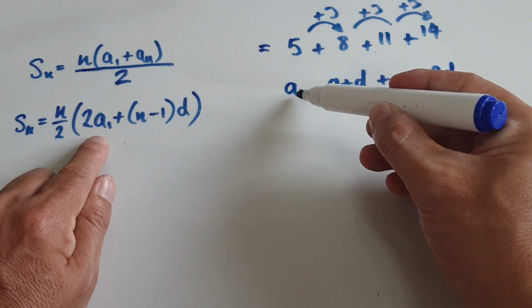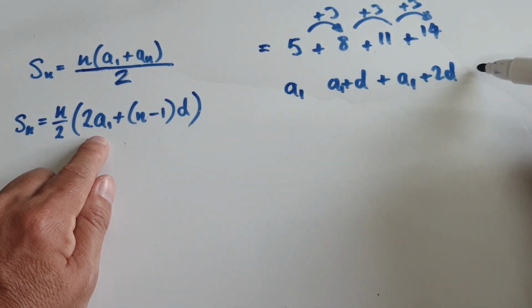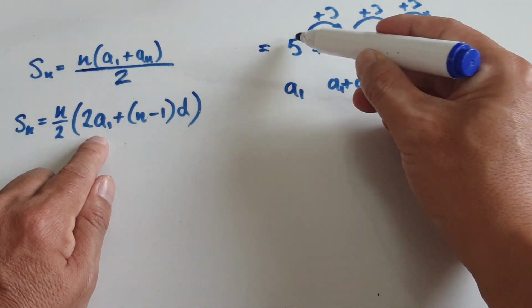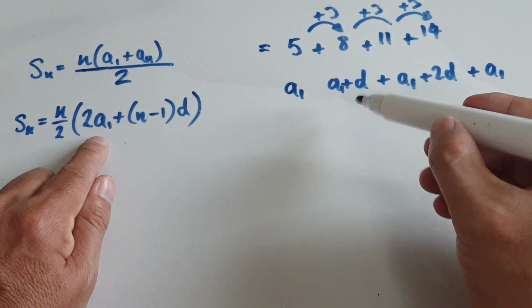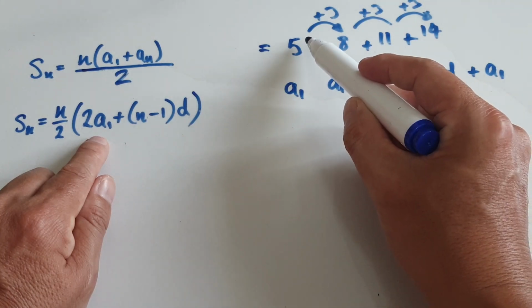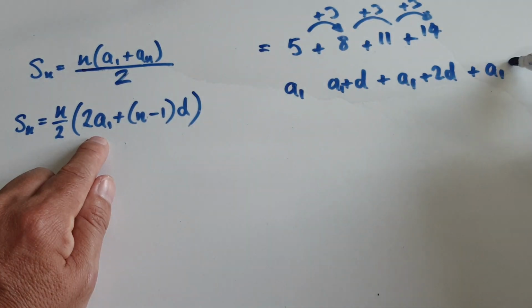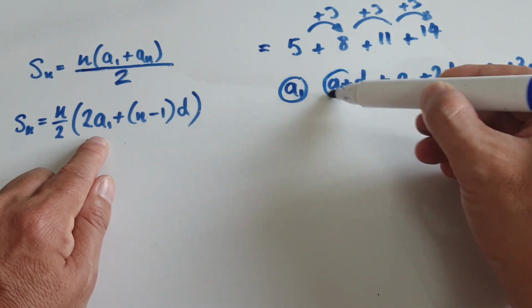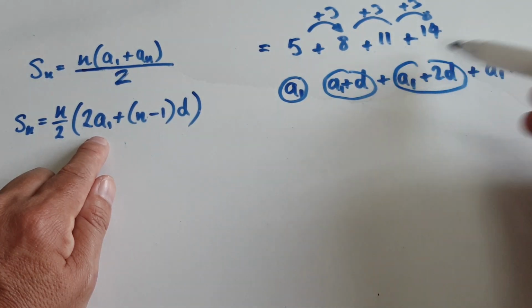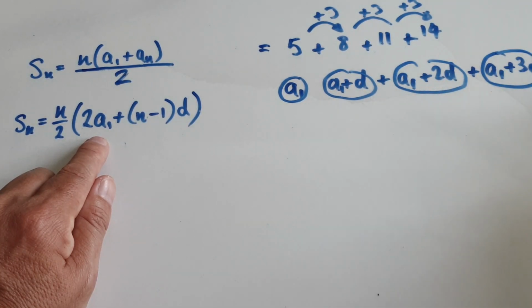Your fourth term would be, starting here, A1 plus 1, 2, 3 plus 3D. So this is your first term, second term, third term, fourth term, and so on, and it goes on.